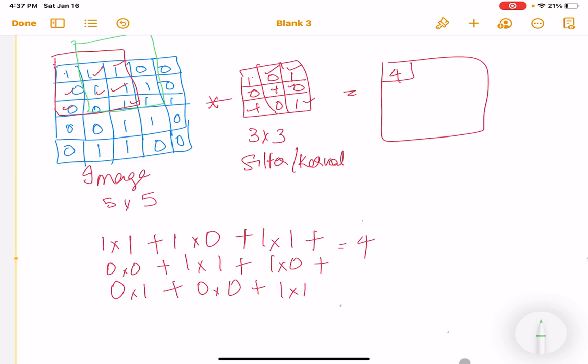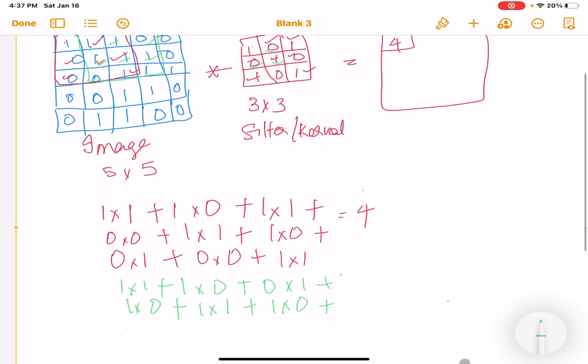So it would be 1 into 1 plus 1 into 0 plus 0 into 1 plus 1 into 0 plus 1 into 1 plus 1 into 0 plus 0 into 1 plus 1 into 0 plus finally 1 into 1.